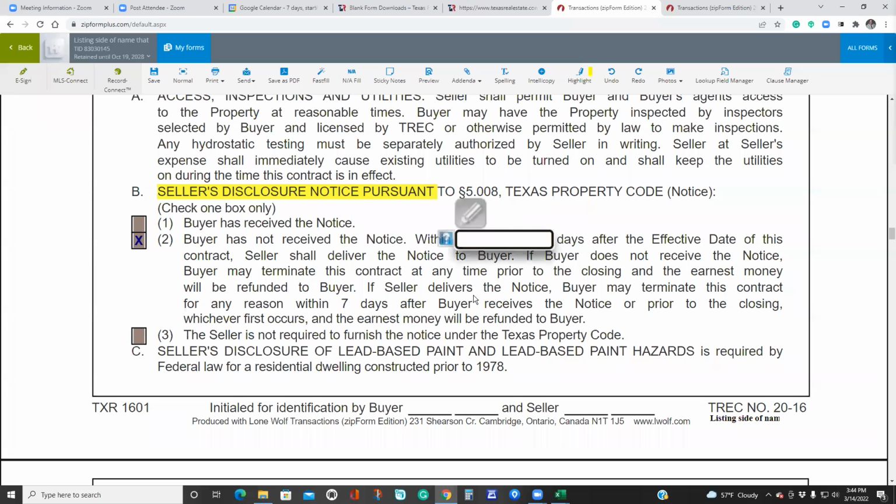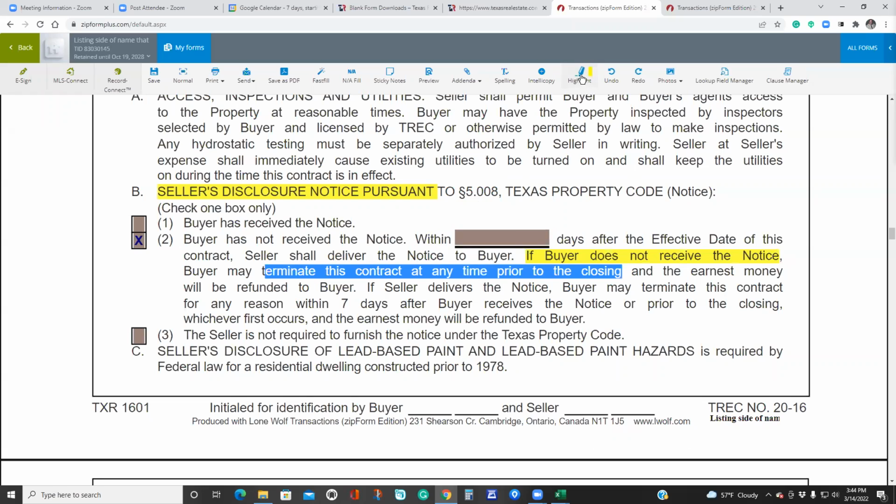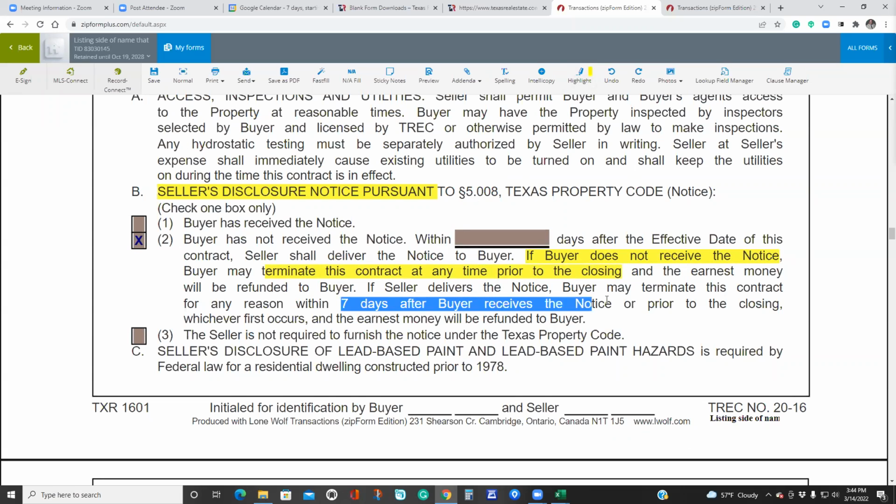and you have your days in here, please remember, if the buyer does not receive that notice, they can terminate the contract at any time prior to closing. If they do get the notice, they have 7 days after they receive it to terminate.